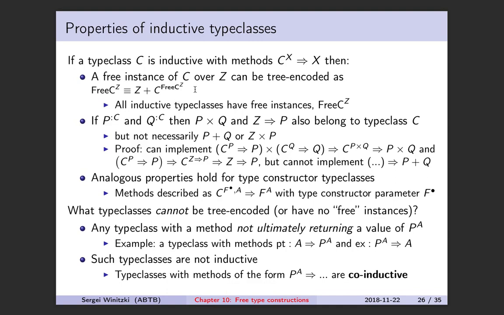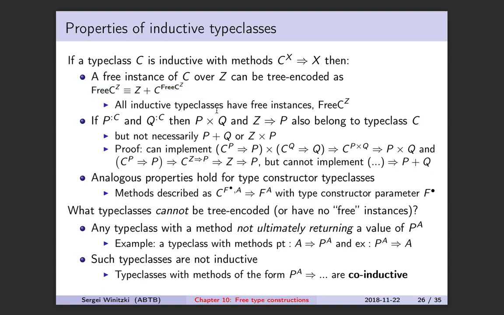So this, in other words, well, we will show more formally that this is all true. But if you have an inductive type class, which is characterized by a methods functor C, and so its methods are this algebra, the C algebra, then you have a free instance always.